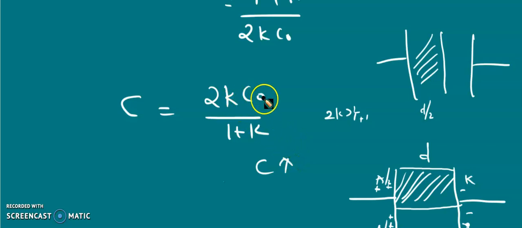So C is greater than C0, and the effective capacitance increases.